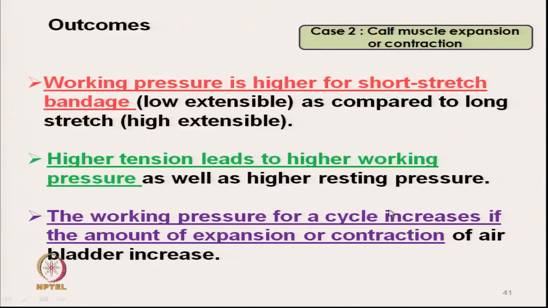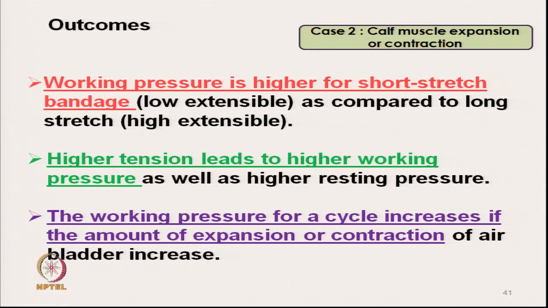The outcome here is that the working pressure is higher for short stretch bandage. We have used 2 types of bandage, short stretch bandage and long stretch bandage. Short stretch bandage is a low extensible bandage and long stretch bandage is a highly extensible bandage.